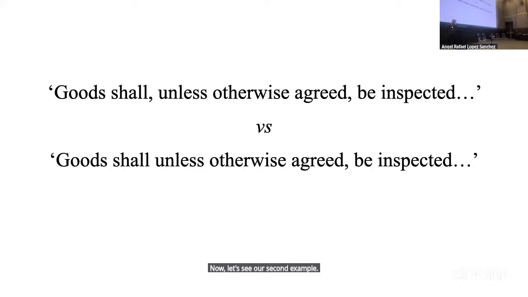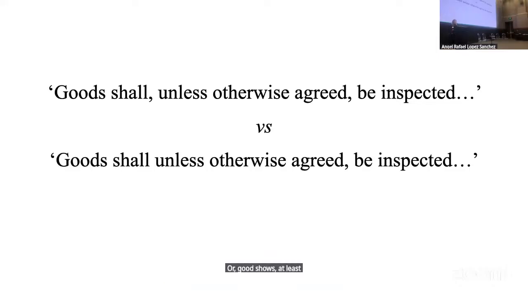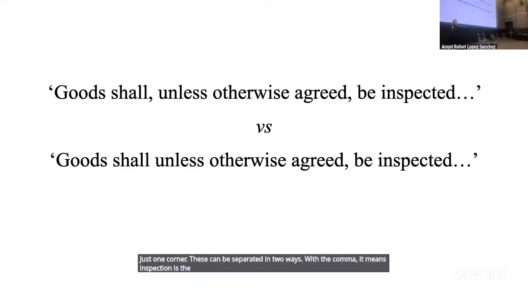Goods shall, unless otherwise agreed, be inspected. Or goods shall unless otherwise agreed be inspected. Do you see the difference between these two sentences? Just one comma. This can be interpreted in two ways. With the comma, it means inspection is the general rule, unless the parties agree otherwise.